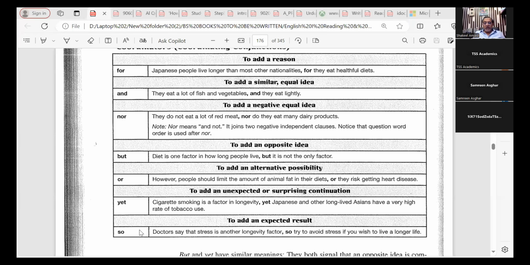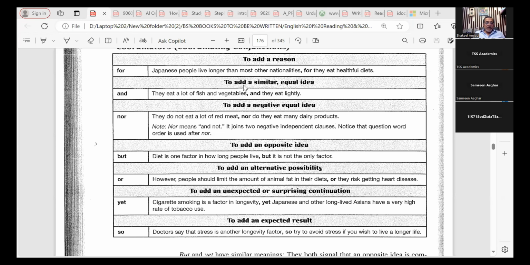7 coordinating conjunctions, right? Japanese people live longer than most other nationalities, for they eat healthful diets. So the reason for this clause, the second clause gives the reason for the first clause, why they have longer lives.